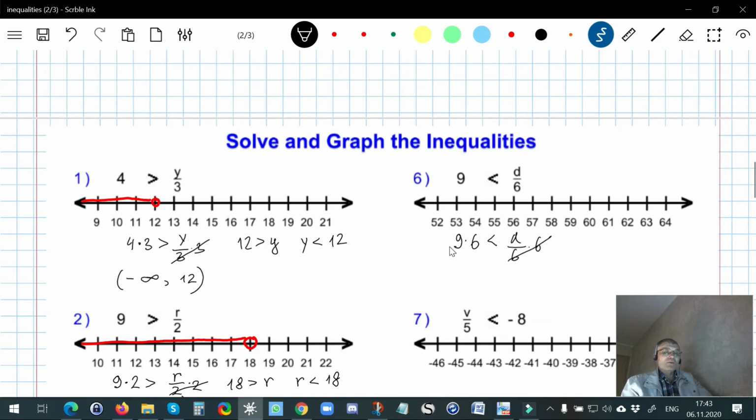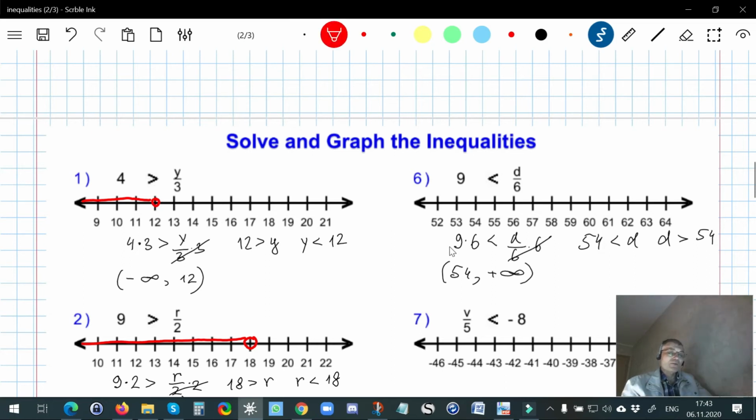This cancels, which gives me 54 is less than d, which finally gives me d is greater than 54. That's it, my set builder notation. Now I have to write an interval notation. This interval stretches from 54 open to positive infinity.